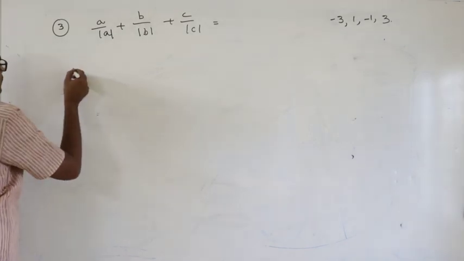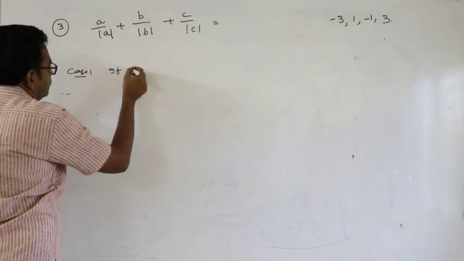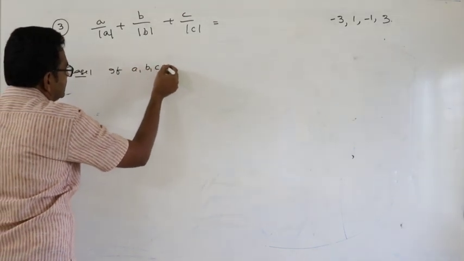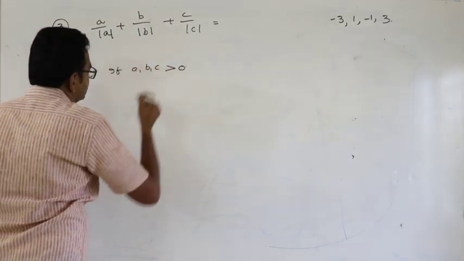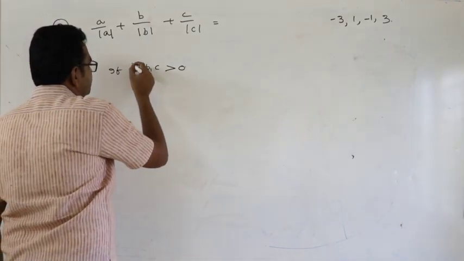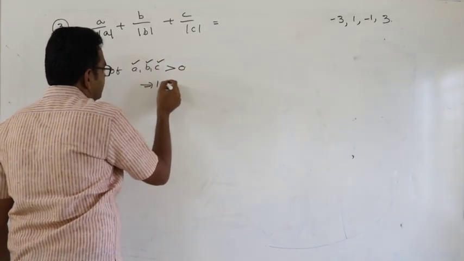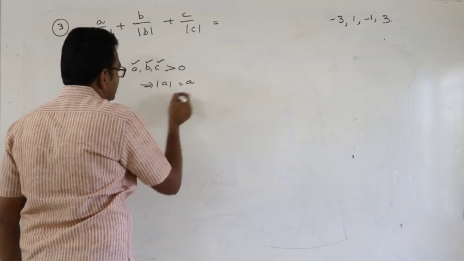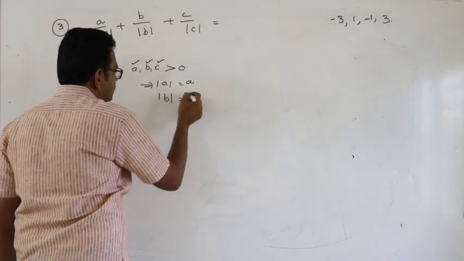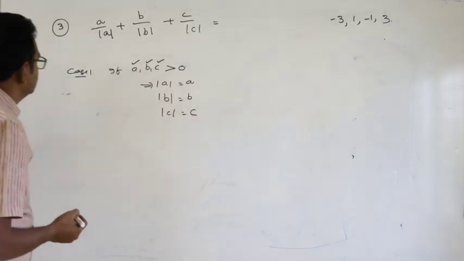Case 1: if a, b, c are greater than 0, that means a is positive, b is positive, c is positive. This implies mod a is equal to plus a, mod b is equal to plus b, mod c is equal to plus c.